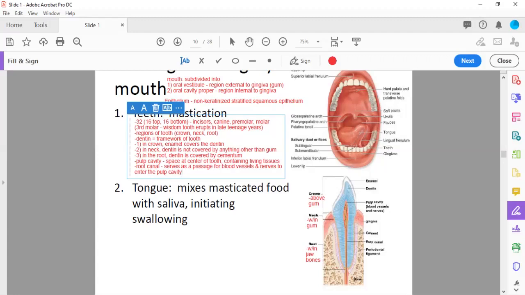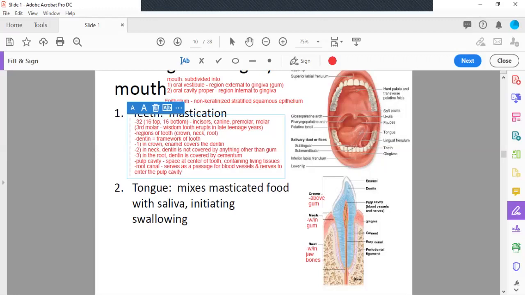The purpose of this root canal procedure is to remove all of the abscess in the pulp cavity. Everything begins with what's called dental caries, which is a cavity in the tooth.